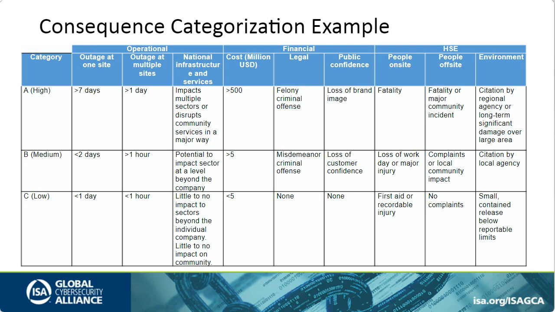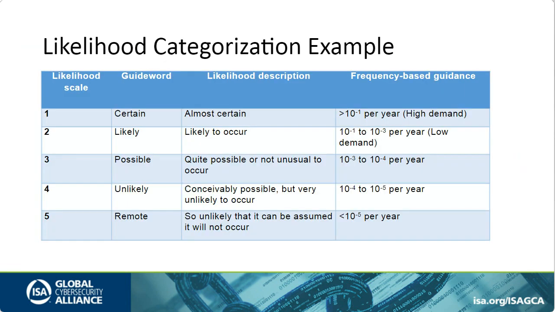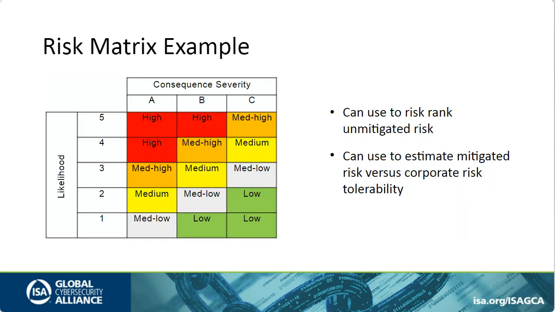The other side of the risk equation is likelihood, and once again, this was excerpted out of 62443-3-2. This shows both some qualitative things, and it also shows a frequency-based guidance approach. You take those and you can combine those into a risk matrix.